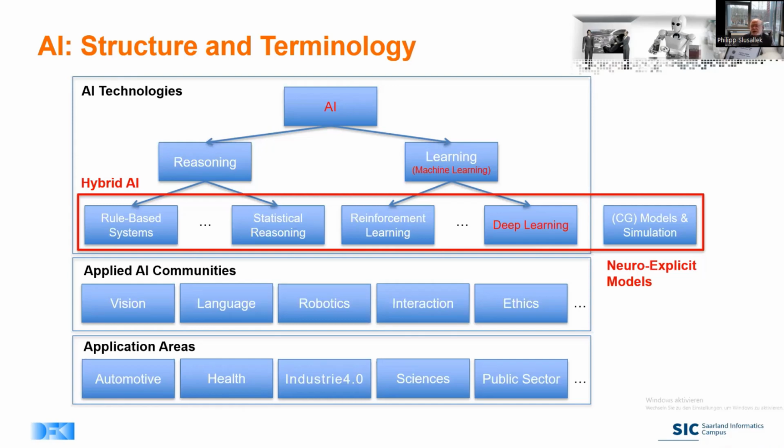And I want to talk a little bit more about how we can combine machine learning and AI with these explicit models, right? And again, we call these neuro-explicit models, right? And of course, then there are these applied communities that talk about vision, languages, robotics, and many other areas, and then the application areas. But that's just for completeness here.